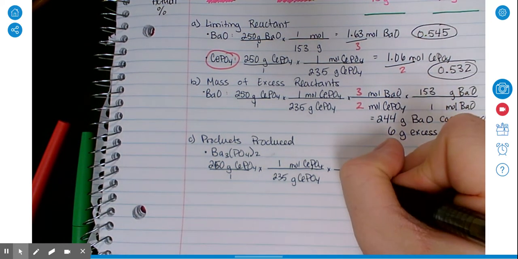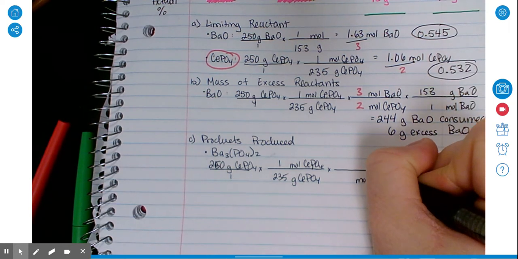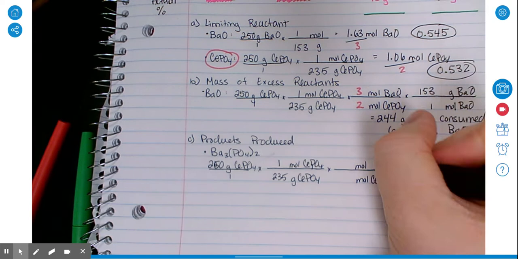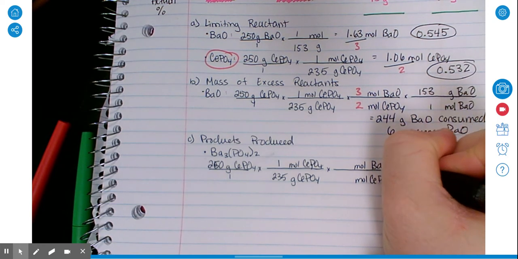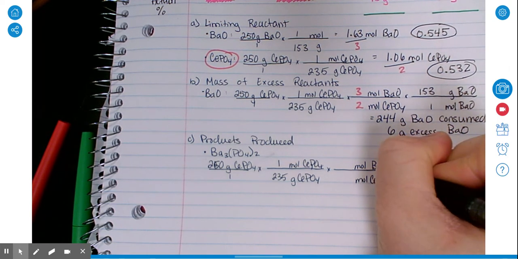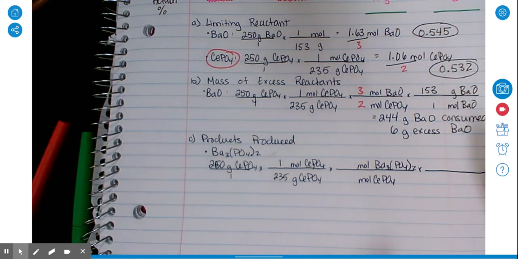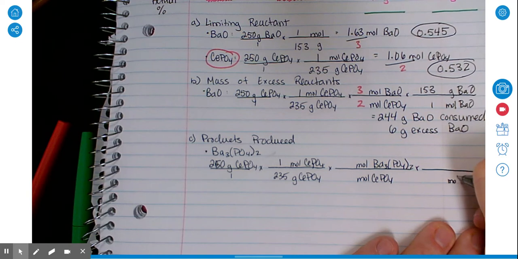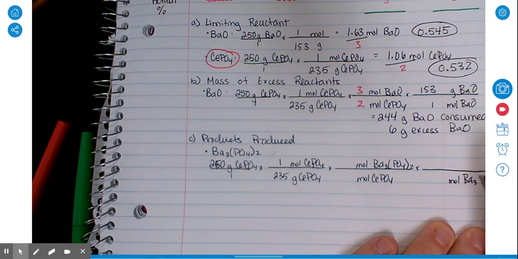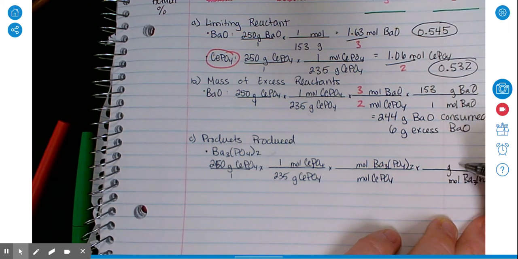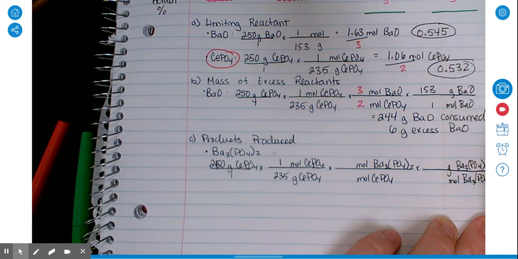Moles of one substance, 2 moles of another. This time I'm going to the Ba3(PO4)2, and from moles of the Ba3(PO4)2, I can go to grams of the Ba3(PO4)2.